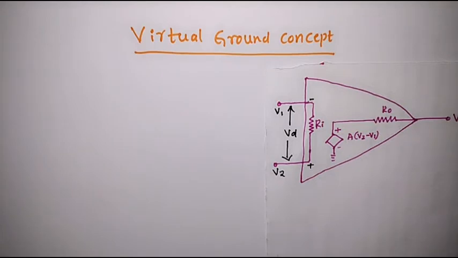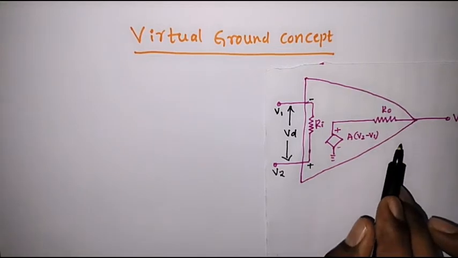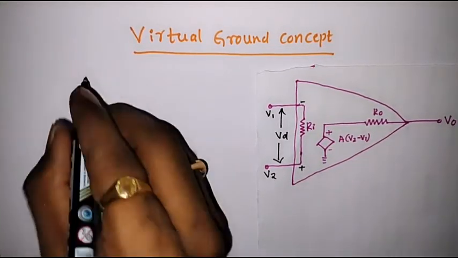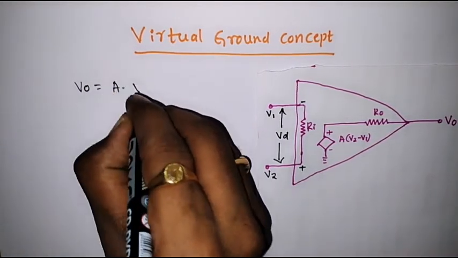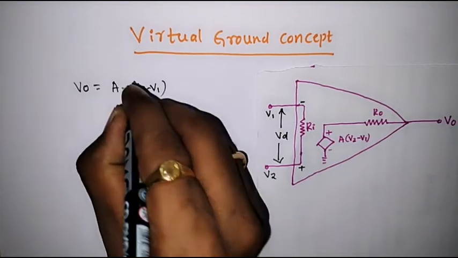Let's study the virtual ground concept. Virtual ground concept is a very important concept in operational amplifier. While analyzing the operational amplifier, we should consider the virtual ground concept. We know that the output voltage of operational amplifier VO is given by VO is equal to A into (V2 minus V1).